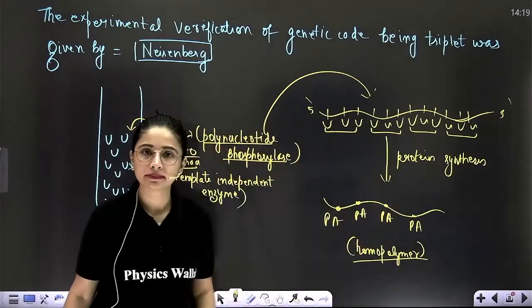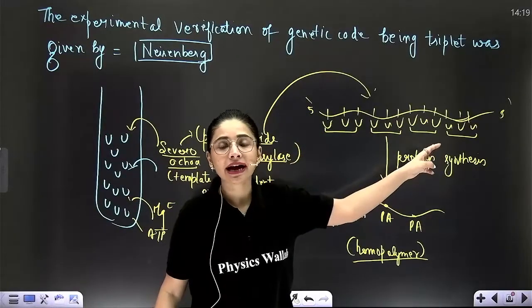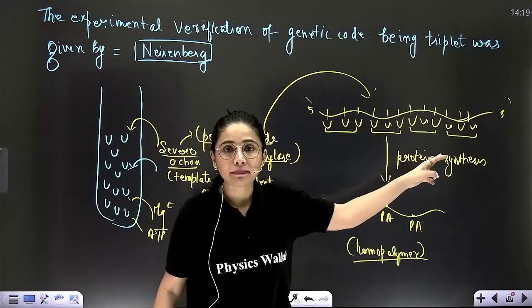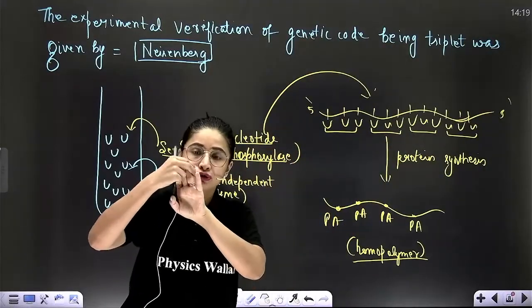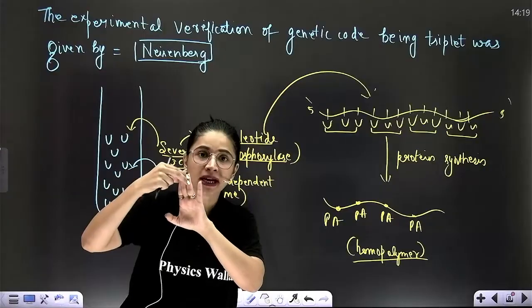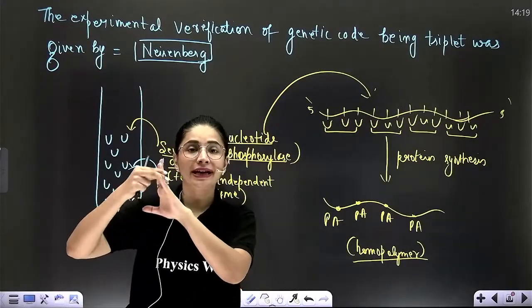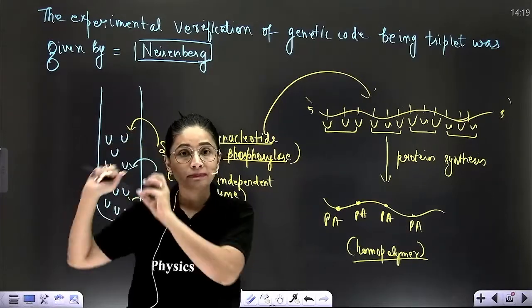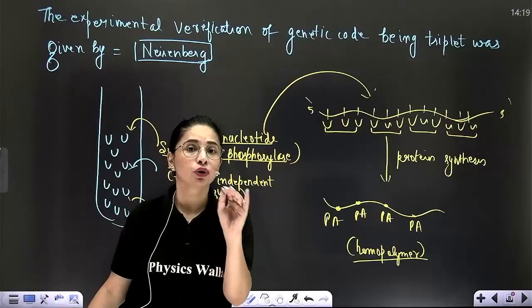Second, none of the nucleotides is overlapping. You can see 3 nucleotides make 1 codon, so those 3 nucleotides are not becoming part of another codon. Every nucleotide is completely donating itself to make 1 codon only.